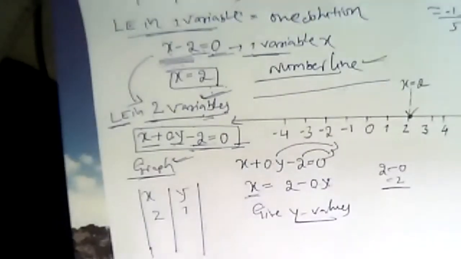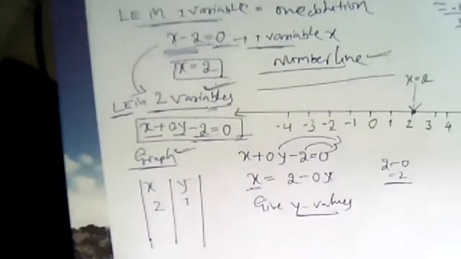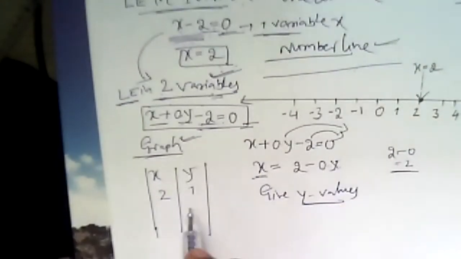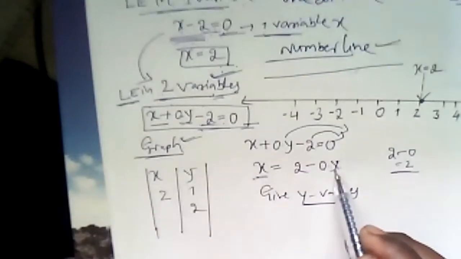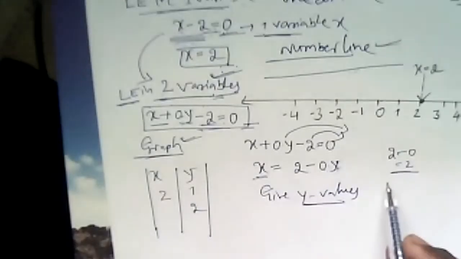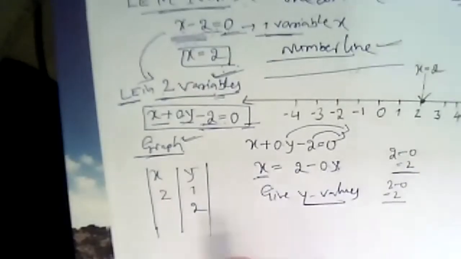Therefore, x is equal to 2. Similarly, give y is equal to 2. Then 2 into 0 is 0, and 2 minus 0 becomes again 2.